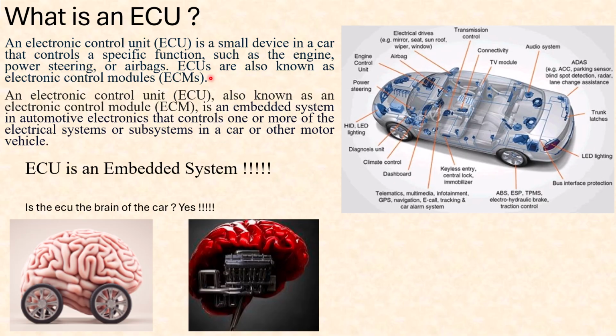ECU is also known as electronic control module, abbreviated as ECM. It is an embedded system in automotive electronics that controls one or more of the electrical systems or subsystems in a car or other motor vehicle. So basically, ECU is nothing but an embedded system. In other words, ECU is like the brain of a particular subsystem in a car.